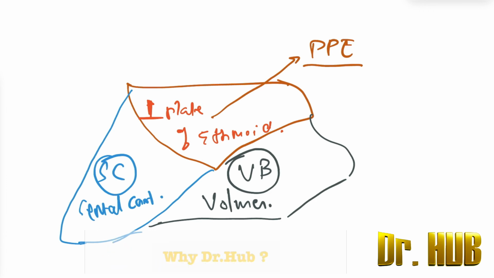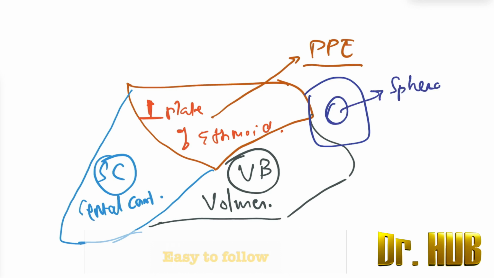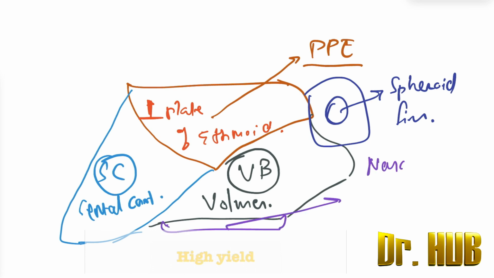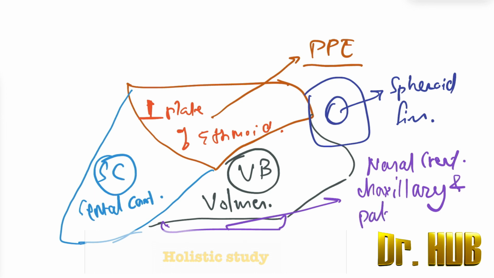Then what is there at the end? Here there is the sphenoid sinus. In the bottom part there is a nasal crest of maxillary as well as the palatine.